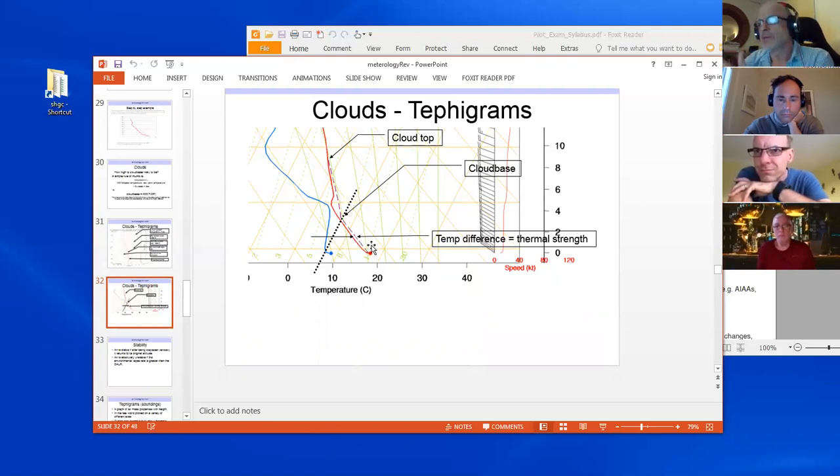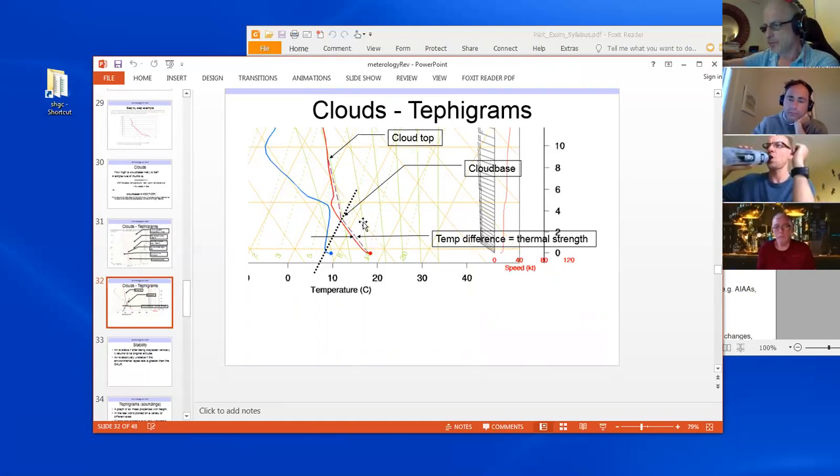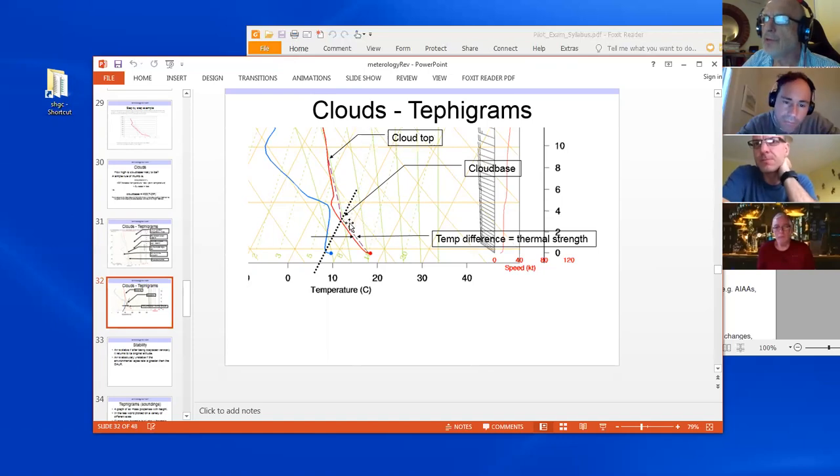What you have to realize is that the parcel leaving the ground is leaving with that local dew point. So as it rises, it's ignoring what this environmental dew point is, and it's when its internal temperature drops to that dew point that it condenses. And this will give you moisture and cloud base for thermals leaving the ground.